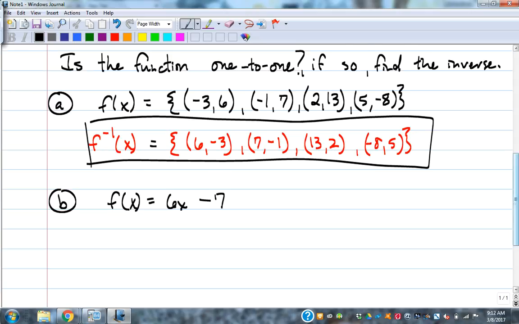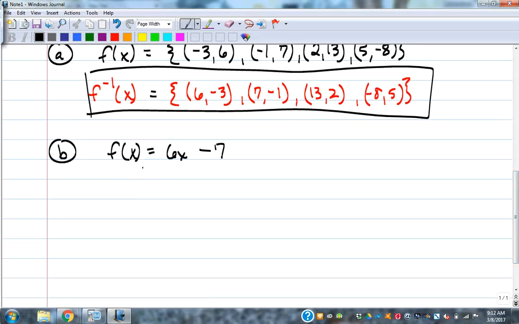All right, so here we go. How to find the inverse. F of x is the same thing as y, right? So instead of writing f of x over and over, I'm going to put a y there. So it makes the algebra a little easier. What does an inverse do? Swaps the domain with the range, right? Swaps x and y.